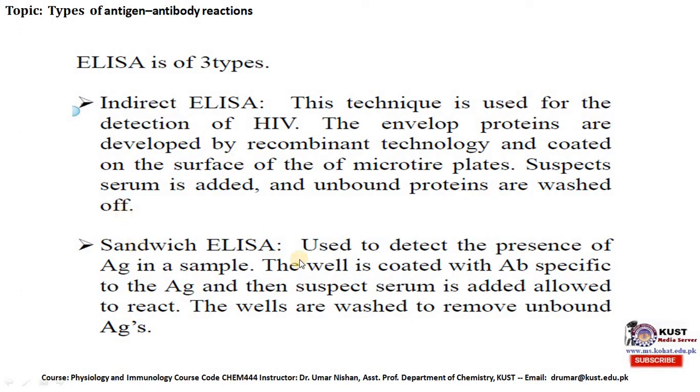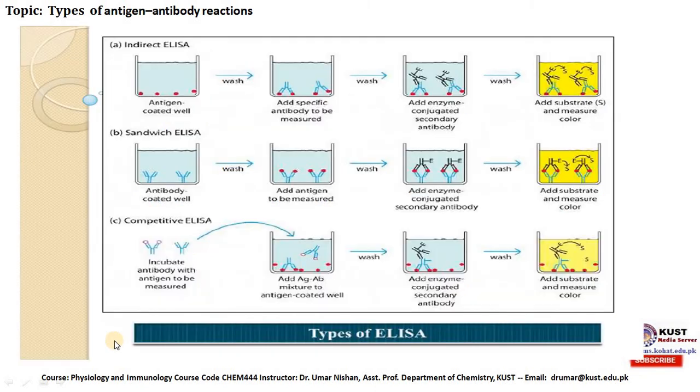Sandwich ELISA is used to detect the presence of antigen in a sample. The well is coated with antibody specific to the antigen and then suspect serum is added and allowed to react. The wells are washed to remove unbound antigens.